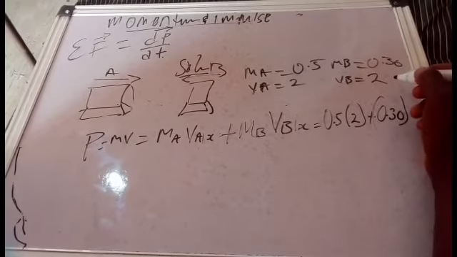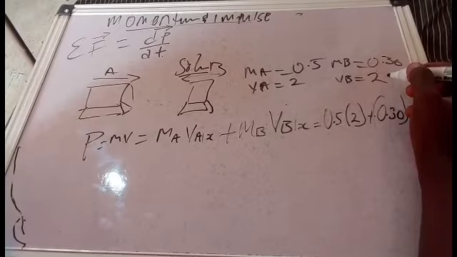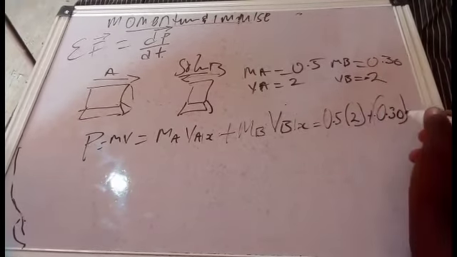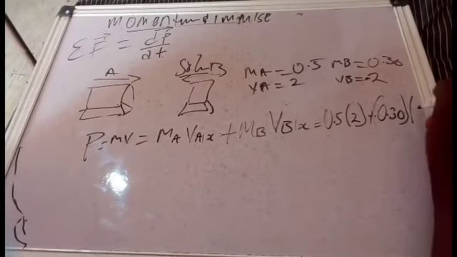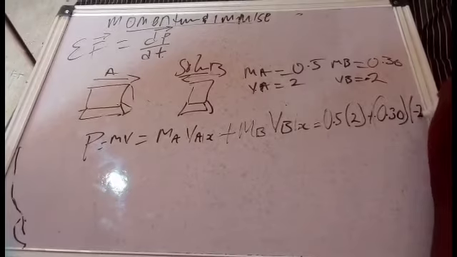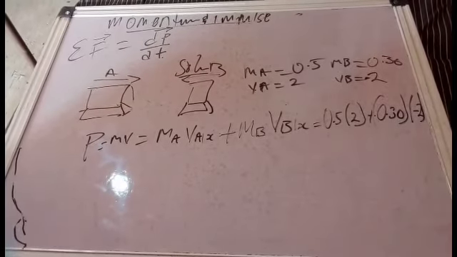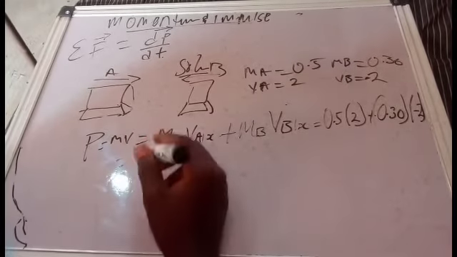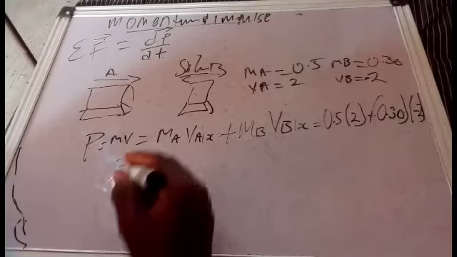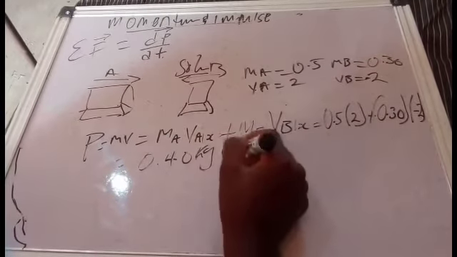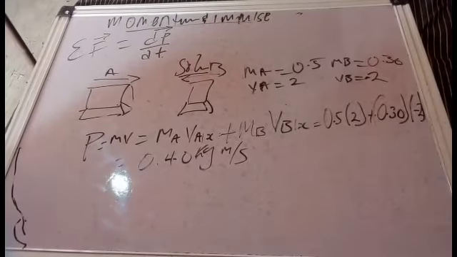That is going to be -2, because it is moving in this direction. If you do your maths correctly, you should have 0.4 kilogram meter per second.